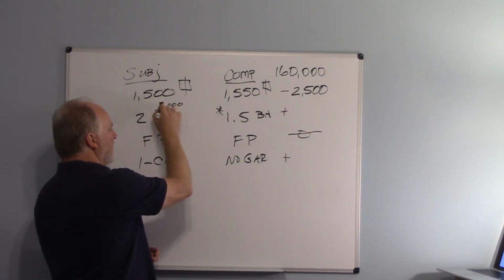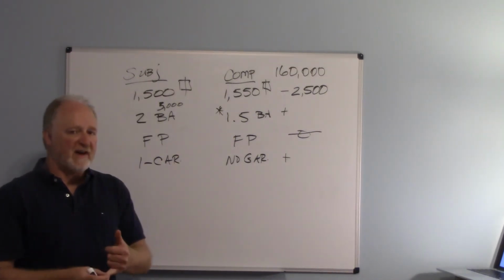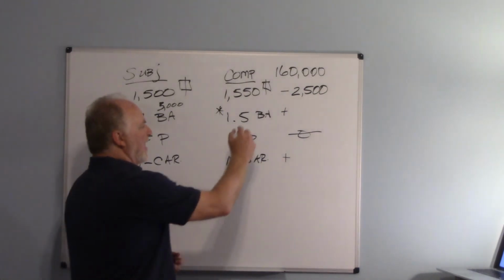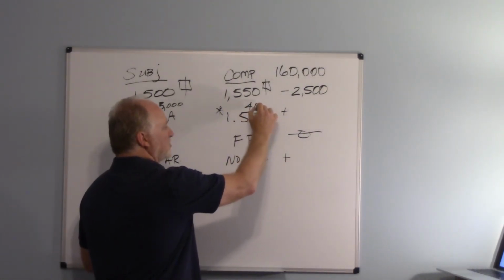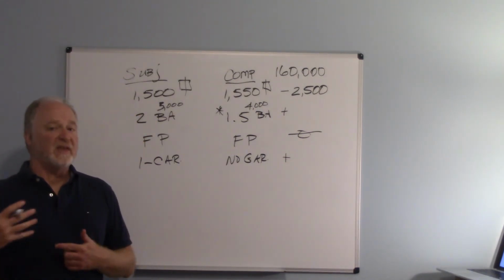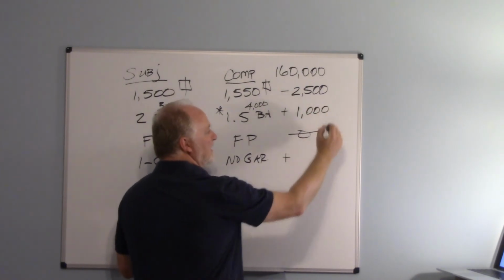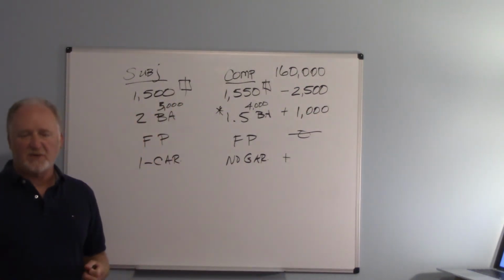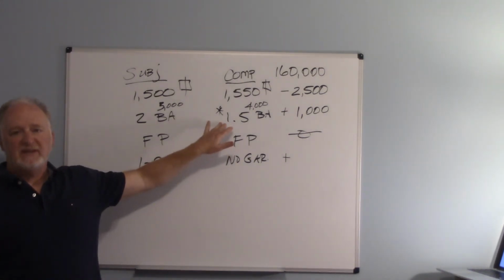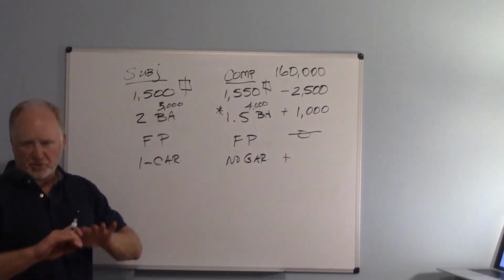In 1.5 baths, it would be $2,500 plus $1,500, which would be $4,000 in value. Now watch what happens here. 5,000 minus 4,000 is only $1,000. So if you had grabbed 1,500 and just plugged it in there, you would have been off by $500 and thought that you were correct. Okay? So make a star beside that. Please ask me questions about that if it confuses you, because once you get it once, you've got it.